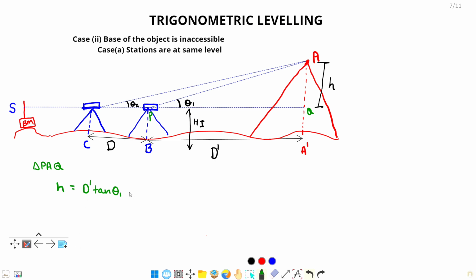So in this equation I have d dash as unknown and h as unknown. Now I am going to triangle, let's name it RAQ.